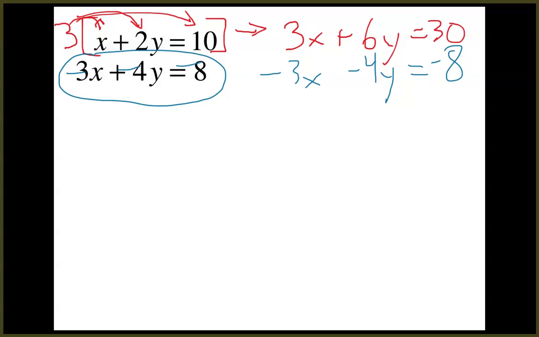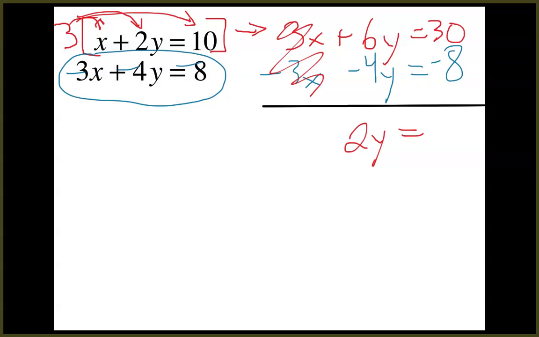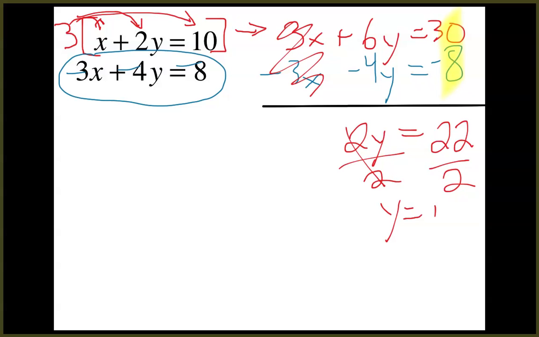And what I'm going to get here is 3x minus 3x cancels out. There's my elimination that I wanted. And then 6y minus 4y is 2y, and 30 minus 8 is going to give me 22. And now I can just finish solving this by dividing both sides by 2. Those cancel, and I get y equals 11.